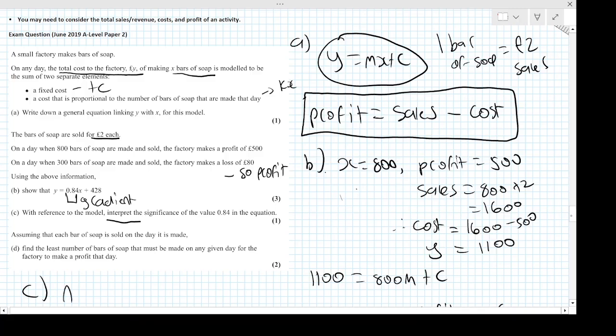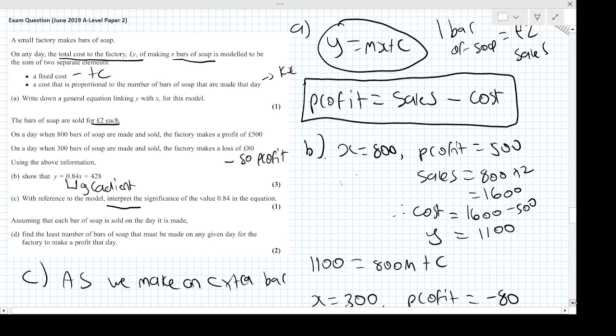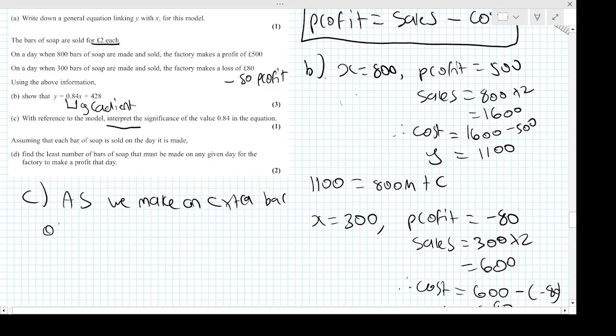So as x increases by 1, meaning as we make an extra bar of soap, that means when x goes up by 1, y goes up by 0.84.